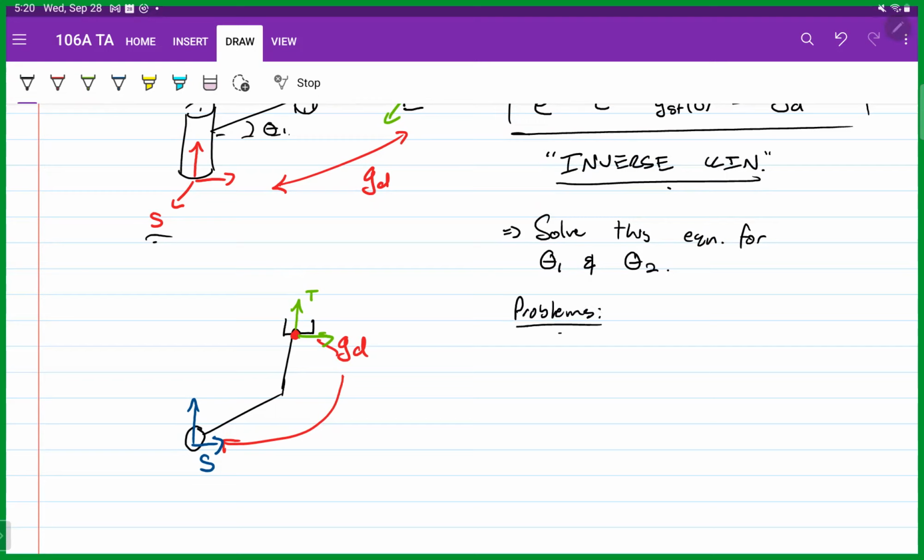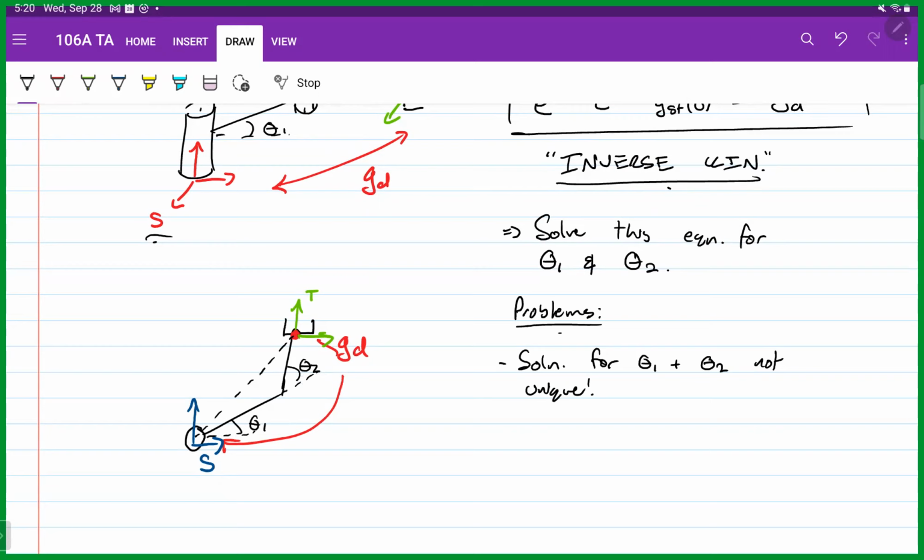Well, first off, something that we might notice is that our solution for these angles might not be unique. So the solution for θ1 and θ2 might not be unique. And why is this? Well, if we have the following solution for θ1 and θ2, this is our θ1 right there, and then this is our θ2.